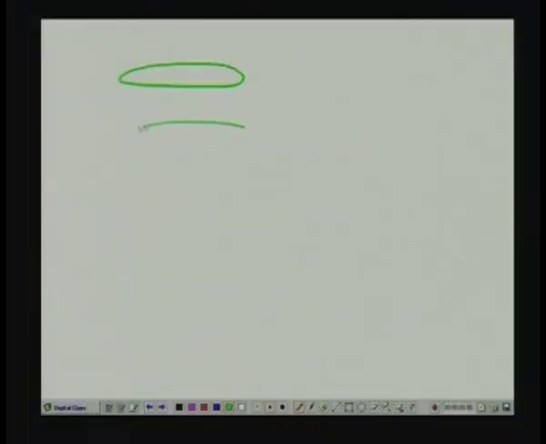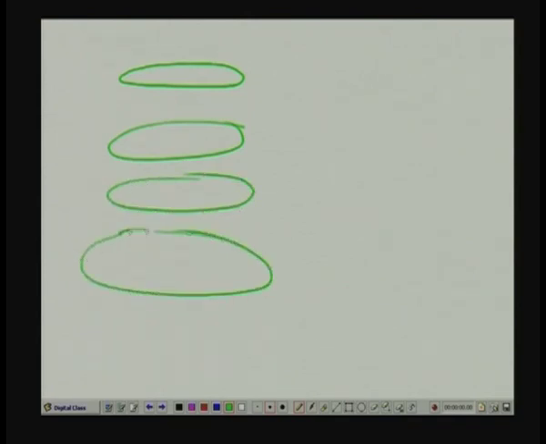Now, these types of features can also be used to train a neural network, and we can use a neural network for recognition. The most common type for recognition is the multi-layer feed-forward network. In each of these layers we have a number of neurons. This is the input layer and this is the output layer.